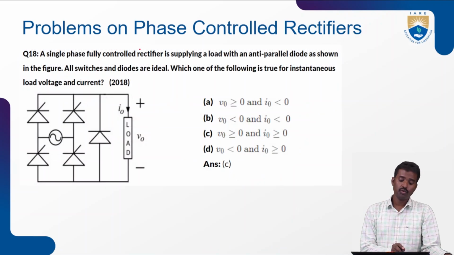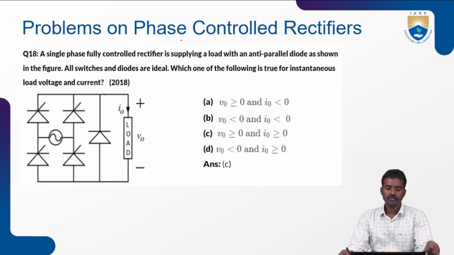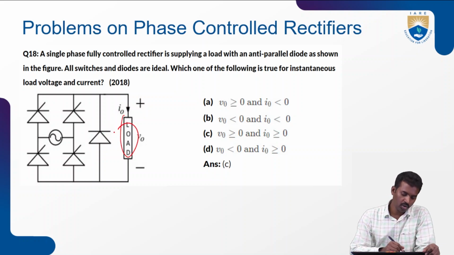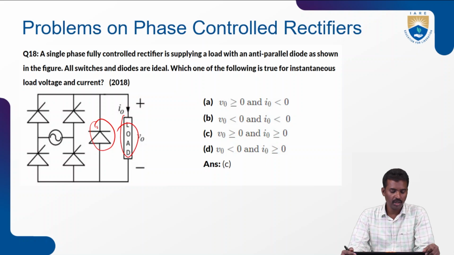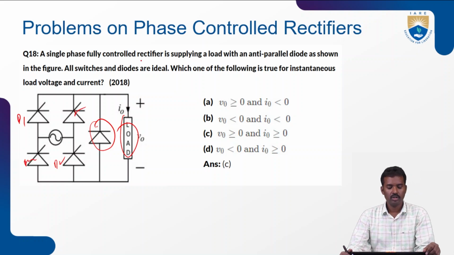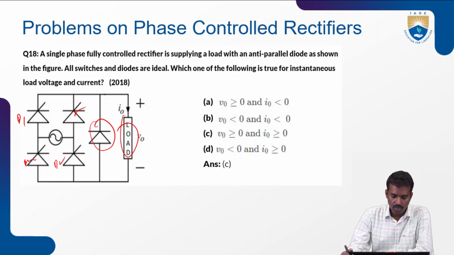A single phase fully controlled rectifier is supplying a load with an anti-parallel diode as shown in the figure. All switches are diodes here, D1, D2, D3 and D4. All switches and diodes are ideal. Which one of the following is true?